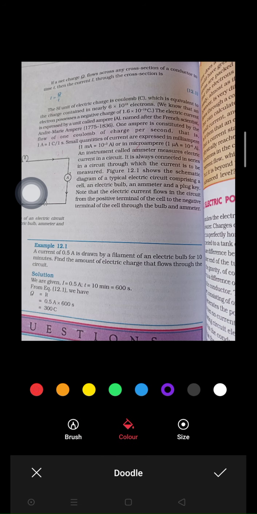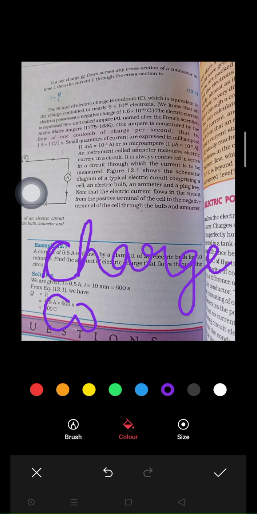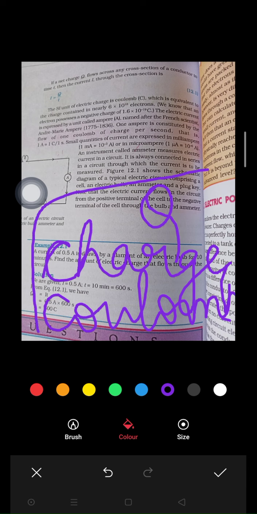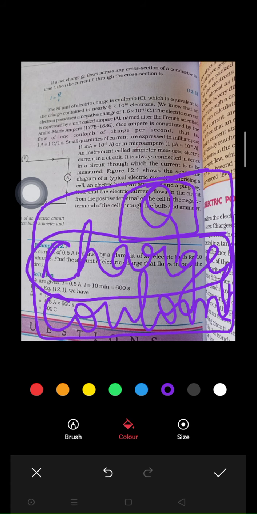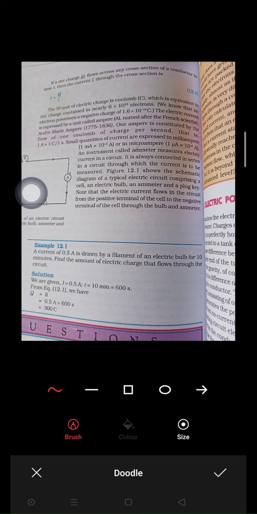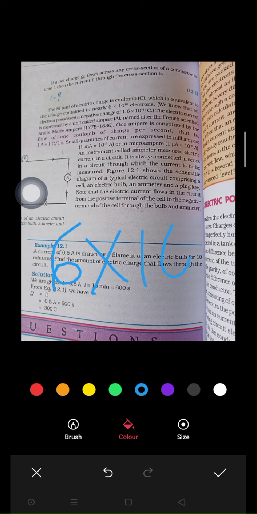The SI unit for electric charge is coulomb. Symbol is Q. Please remember this, very, very important. Electric charge expressed in coulomb is equivalent to the charge of 6 into 10 to the power of 18 electrons.